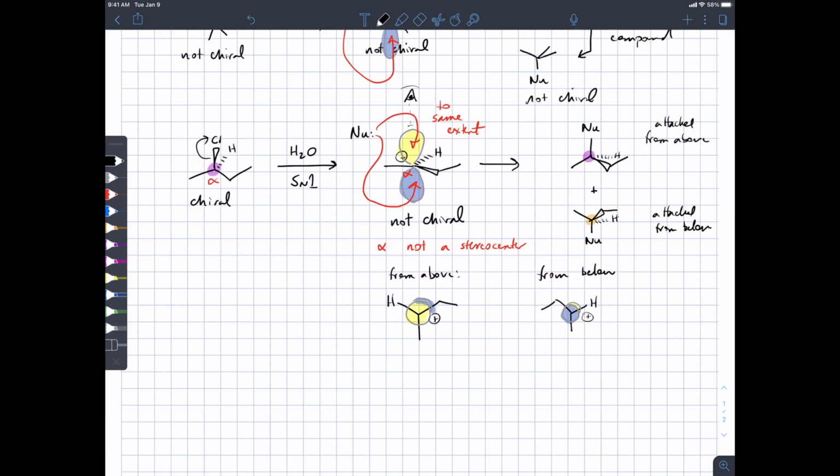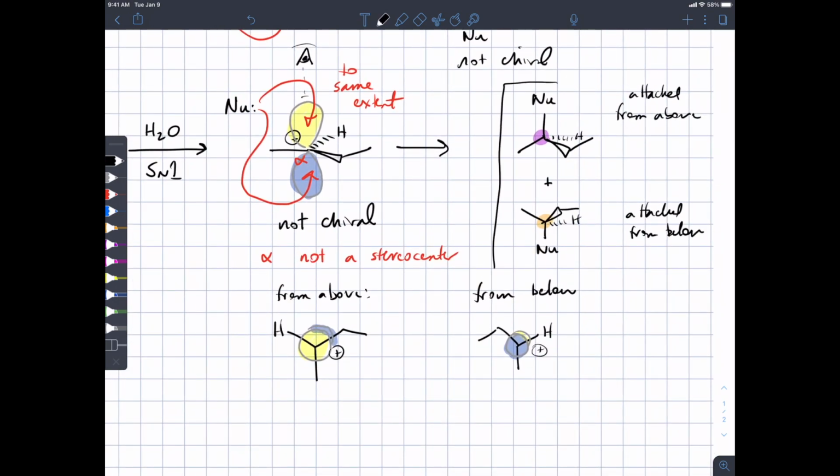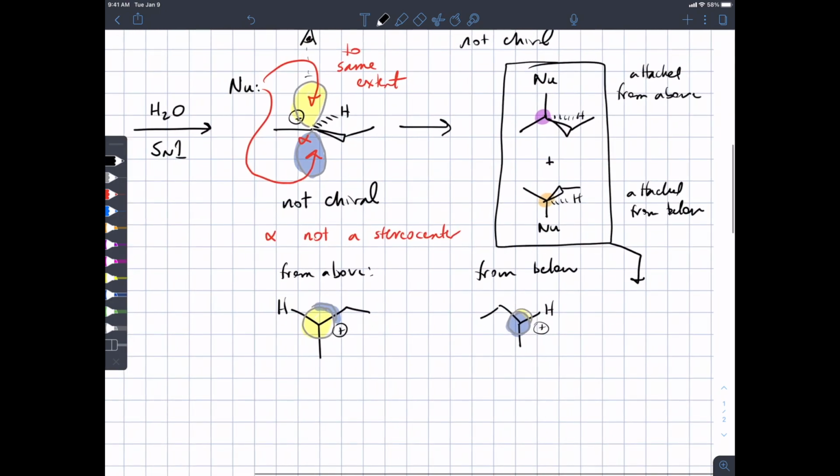Okay, what is then the relationship between these 2 compounds? What is the stereochemical relationship? They're stereoisomers. They got the same connectivity. They have opposite configuration at their one stereocenter.